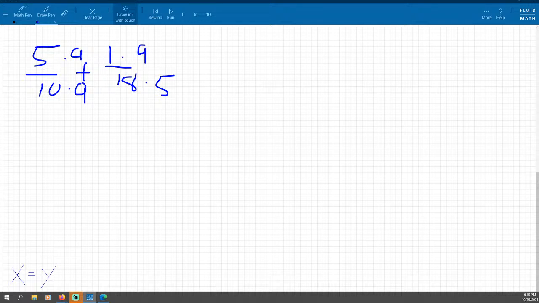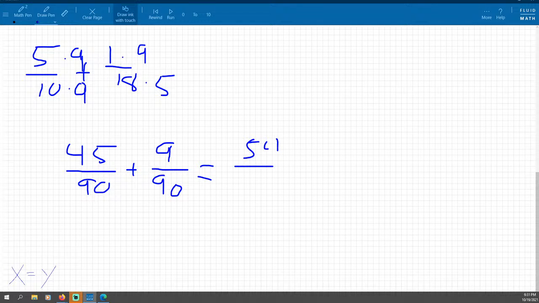This is going to give us, this is a 9, not a 4. So 9 times 5 is 45 over 90. That's going to be 9 over 90. Oops, not equal. Plus. And this is going to be 45 plus 9 is 54 over 90.